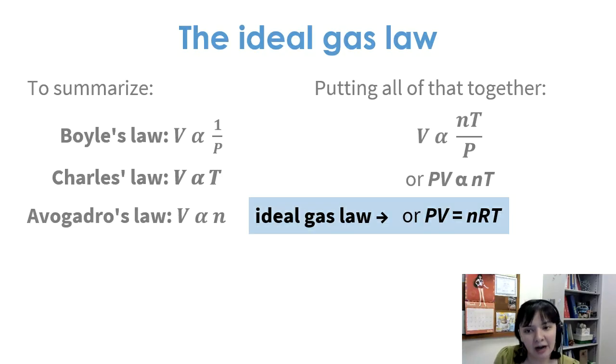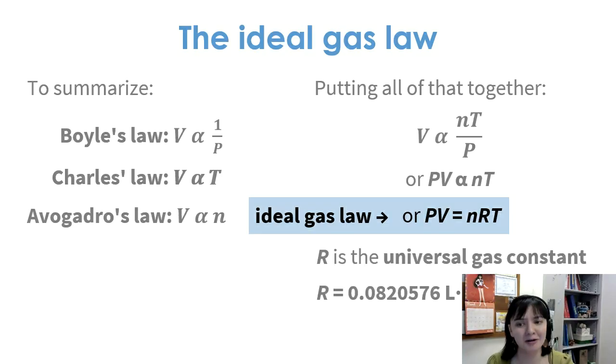Now let's get into that new variable in there, because you've seen P, V, n, and T before, but this R bit is just one additional factor. R is called the universal gas constant or the ideal gas constant, and it's really just a scaling factor so that we can make this equation actually true.